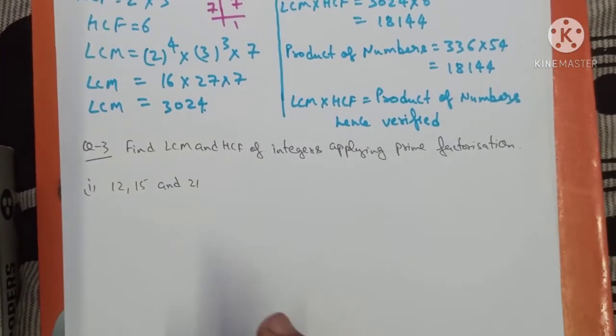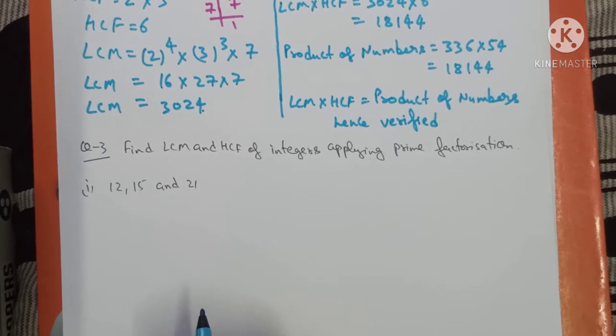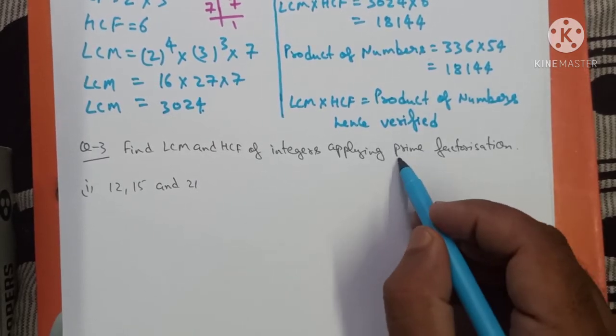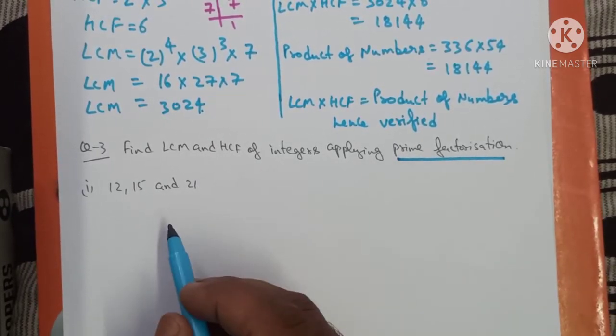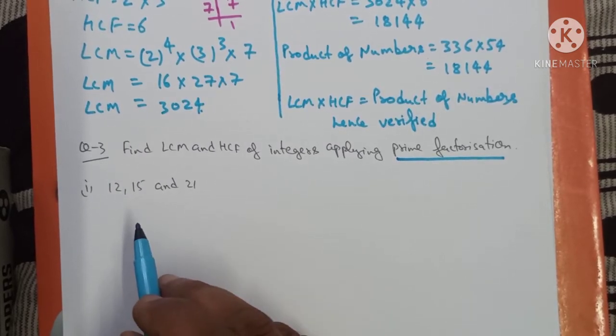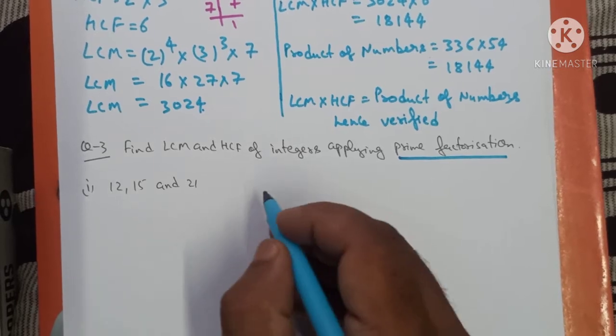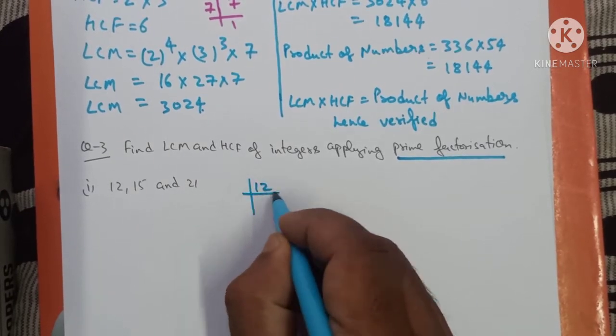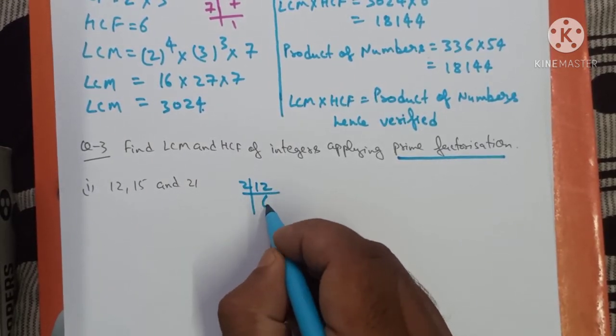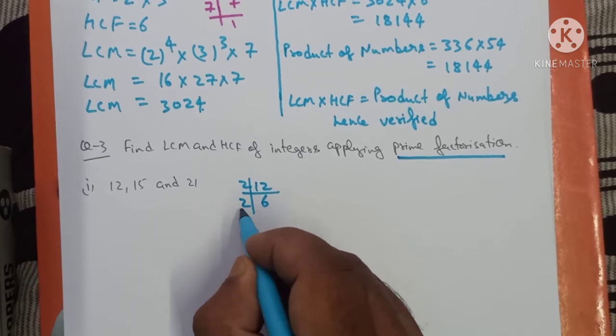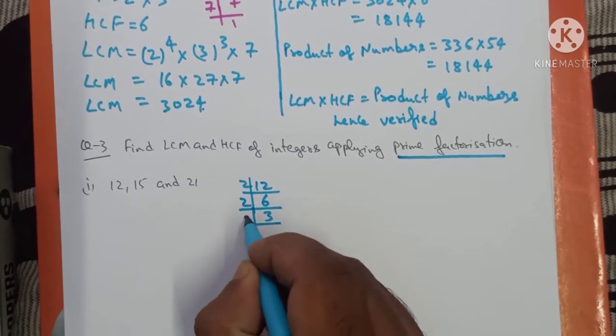Okay, in question number 3 we have 3 numbers and we have to find the LCM and HCF with prime factorization. Here we are specified with the method, we have to apply only prime factorization. So 12 we can factorize, 2 6 are 12, 2 3 is 6, 3 1 is 3.